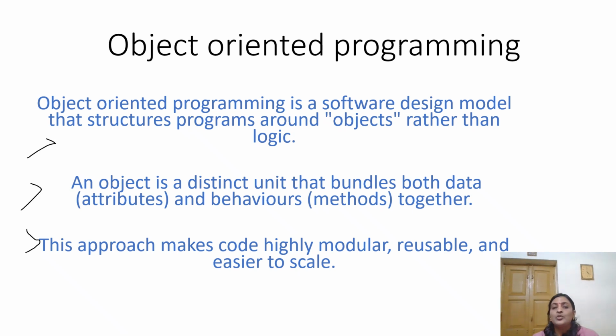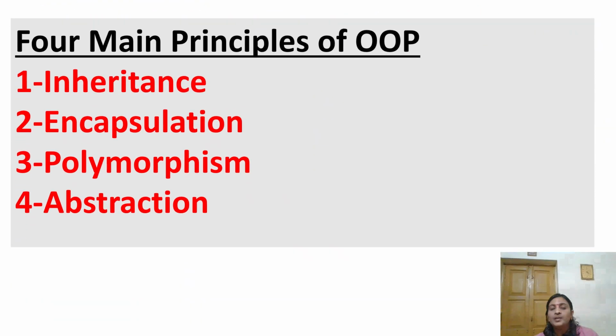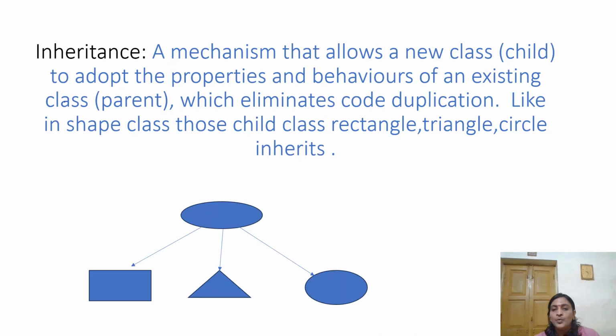Object-oriented programming consists of four main principles: inheritance, encapsulation, polymorphism, and abstraction. What is inheritance? Inheritance means a child acquires all the properties of its parent class.